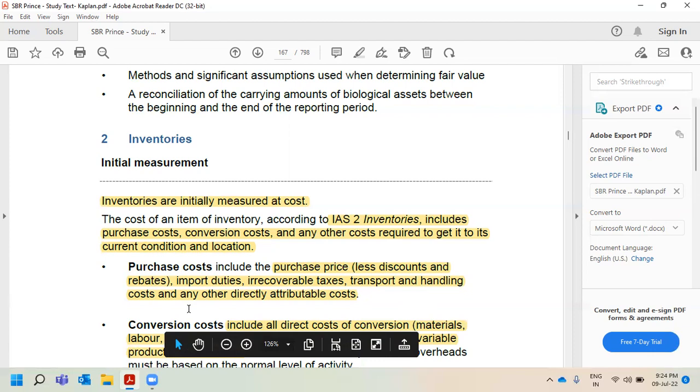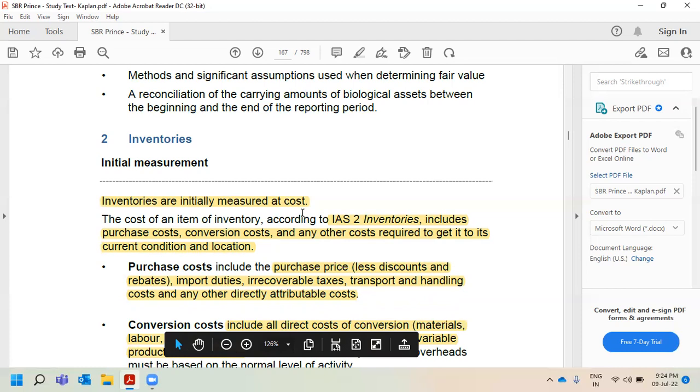If the supplier is incurring them, they are automatically included in the purchase price, so that is not an issue. If we are incurring these costs, we have to include them when measuring at cost.